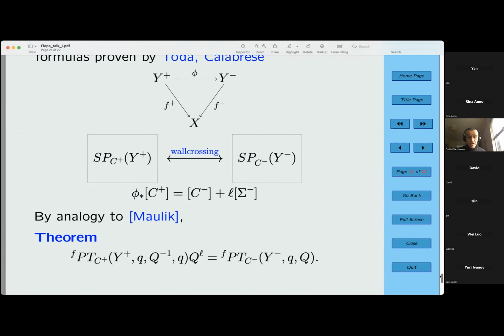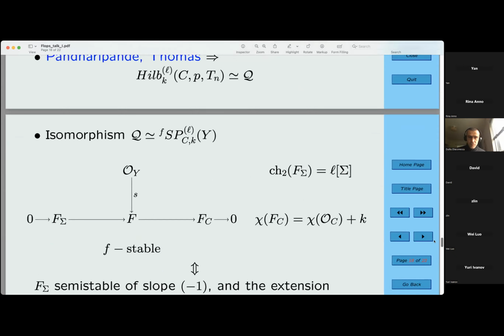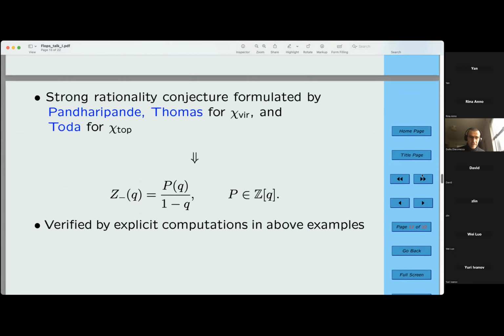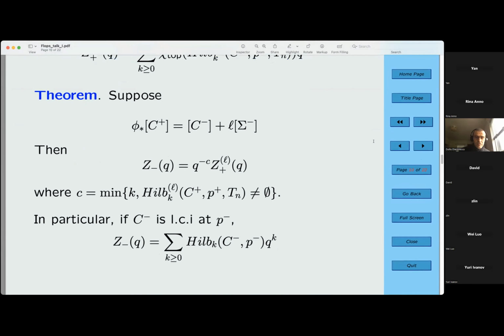And then finally, if you go back to Hilbert schemes and you unravel all these results, you can obtain this identity that I stated in the first part of the talk, which is this identity between generating functions associated with Hilbert schemes of curves.